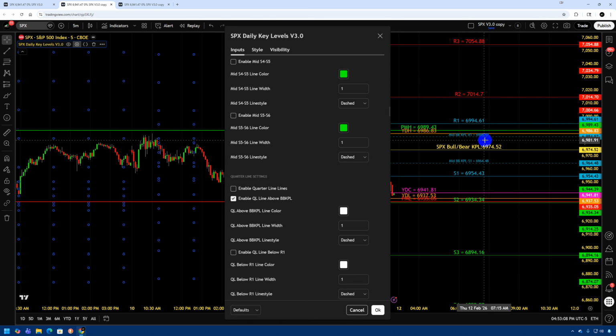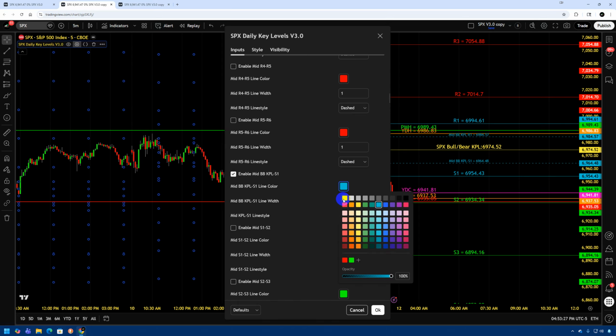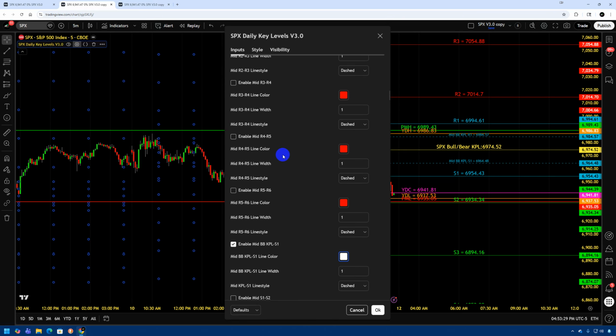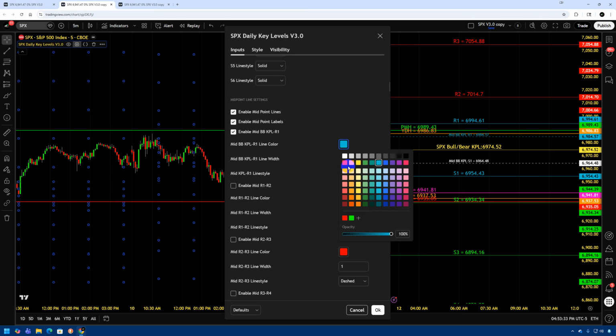So if you only have these two midpoints enabled, then those are the ones that are going to show up. Or if you want to choose different ones, enable and uncheck these. Whichever ones are enabled are the ones that are going to show up in historical as well. So we'll go up here and change these to white as an example, to make them easier to discern.